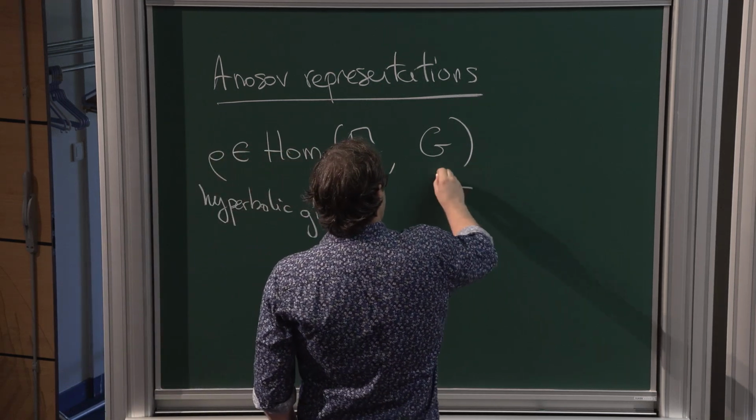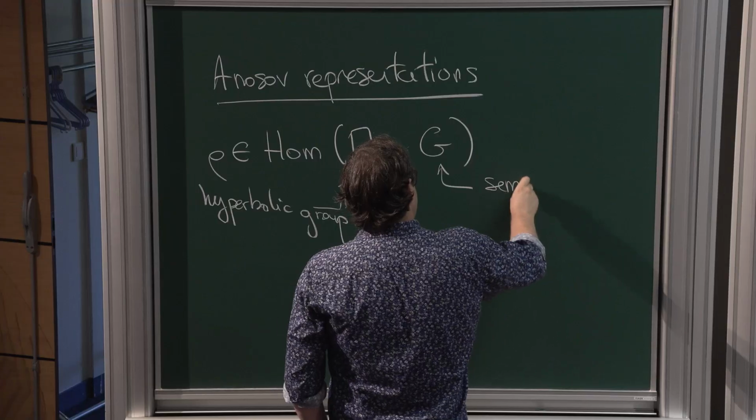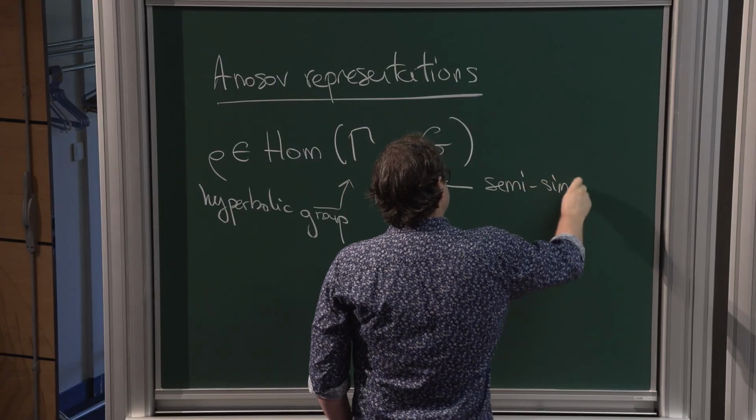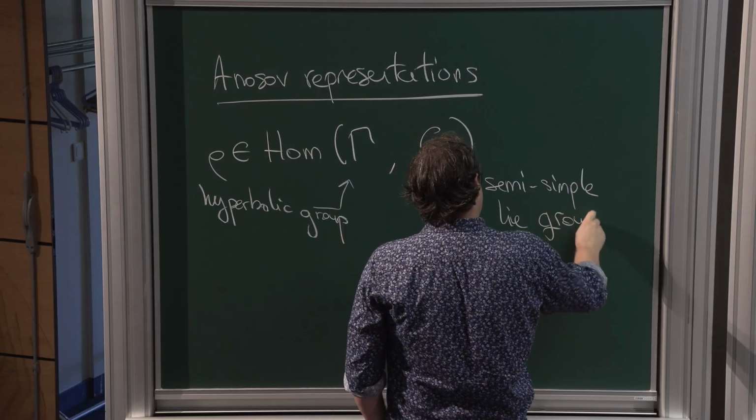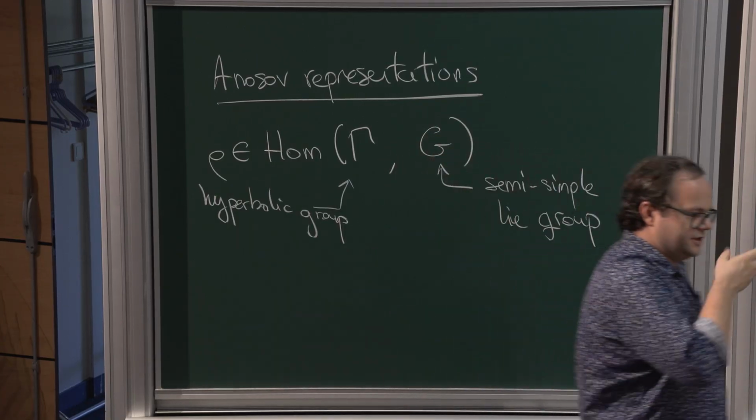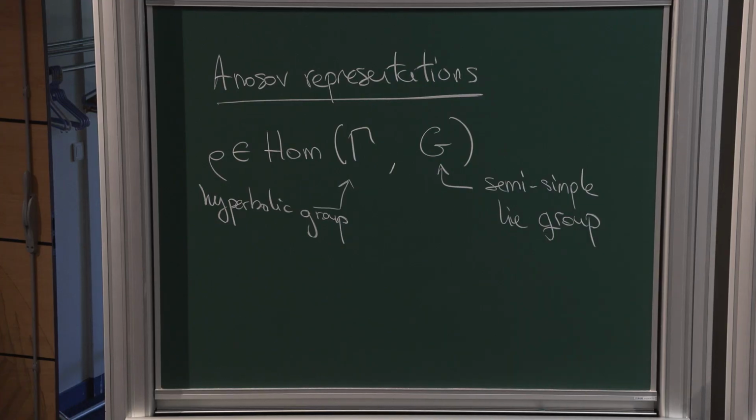And this G here will be a semi-simple real Lie group. And add your favorite adjectives. Essentially, finitely many connected components and finite center should be the appropriate ones here. And non-compact, unless you want.